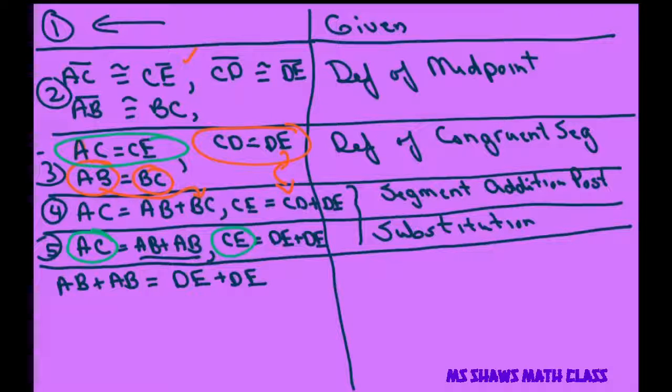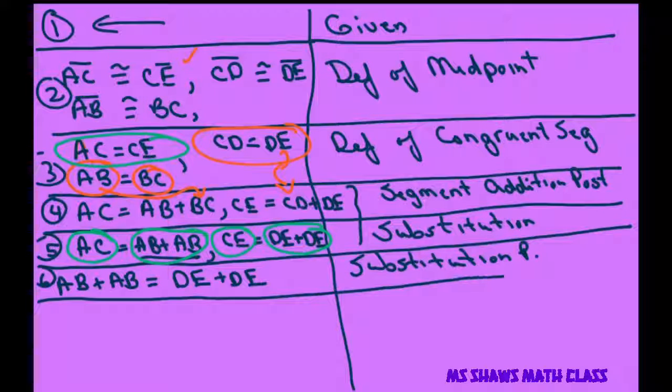So since those are equal, I'm setting these two equal to each other as well. So that's the substitution property. Again, and that is number 6. I'm trying to squeeze all this on here.